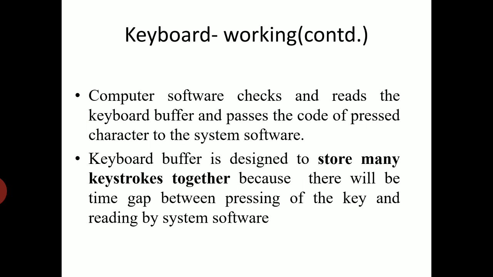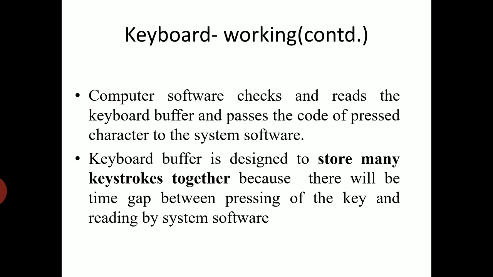Now what does the computer software do? It reads the buffer to see what the code of the key pressed is. Corresponding to that, action is taken. When we type, we type multiple words, for example, what is your name? WHAT space IS. Similarly, we'll be typing very fast.